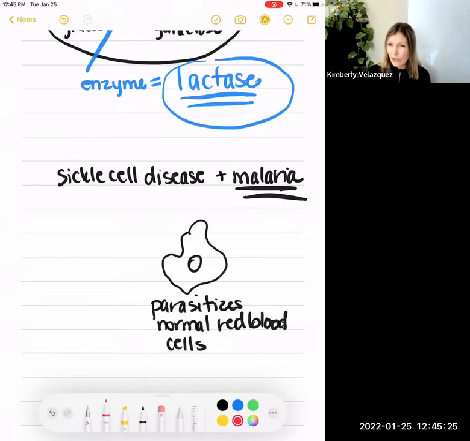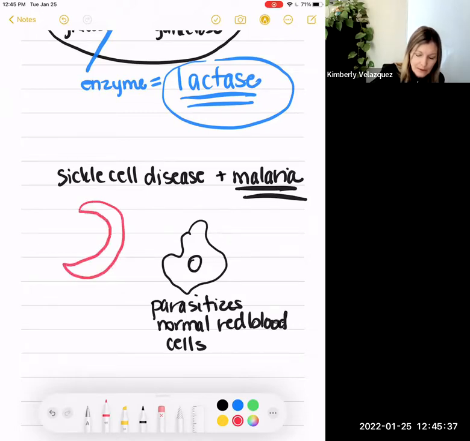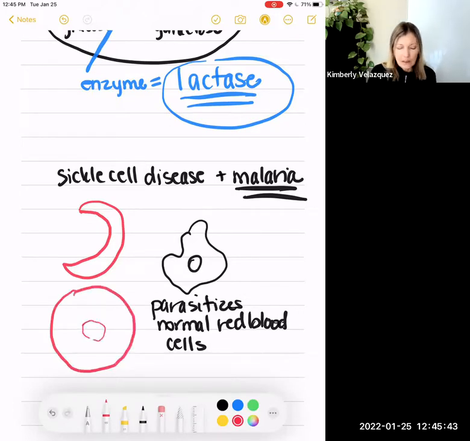It doesn't have the right shape. You're going to learn a lot this semester about how that happens. But the end result is a red blood cell that is not shaped correctly. It is shaped roughly like this, rather than round. So this would be the sickled red blood cell.